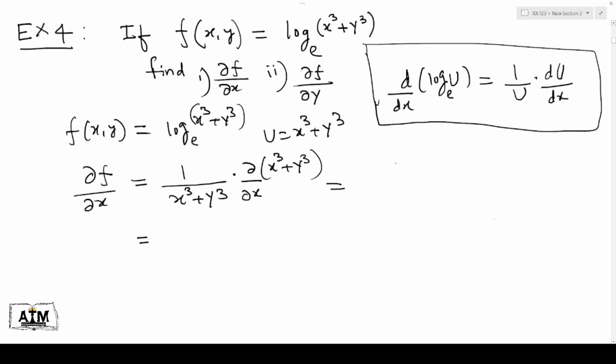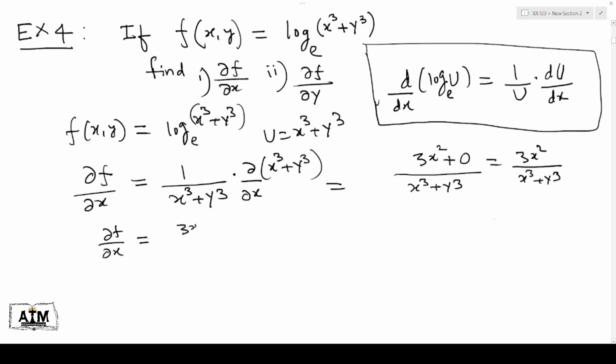This equals the partial derivative of x cube, which is 3x square, and the partial derivative of y cube with respect to x, which is 0, divided by x cube plus y cube. That equals 3x square divided by x cube plus y cube. Therefore, dou f by dou x equals 3x square divided by x cube plus y cube.